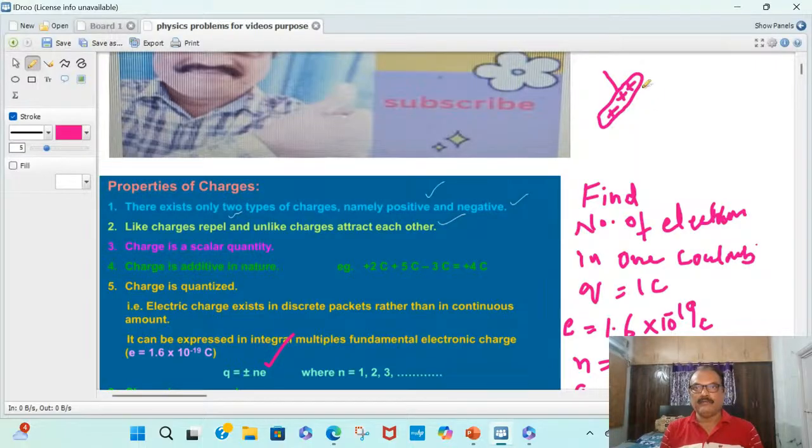If you bring it near another body which is rubbed with wool, that has negative charges.